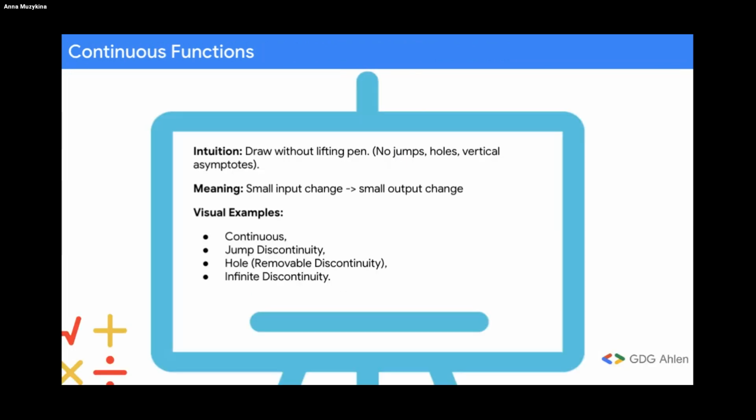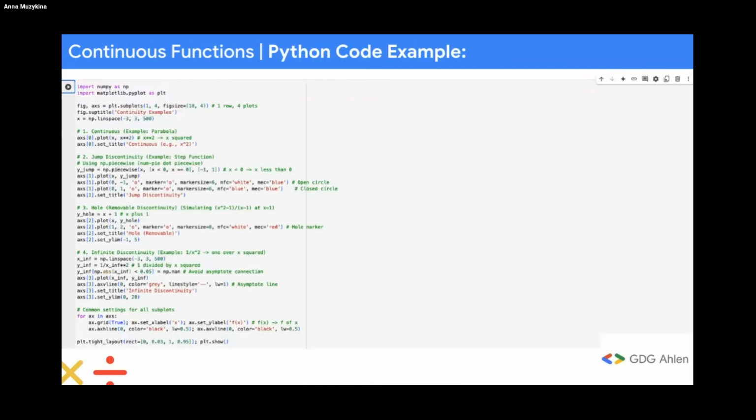So, let's visualize continuity and its opposites. A continuous function's graph is unbroken. Let's explore code for each subplot. Plot 1 continuous, the function x squared.